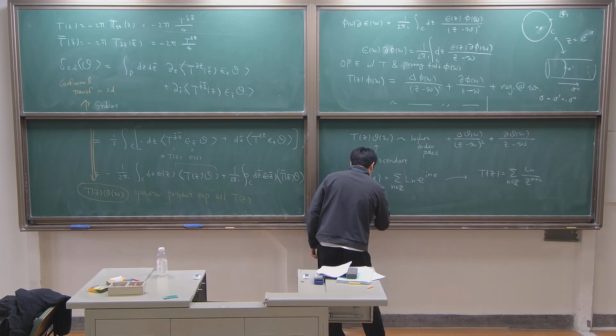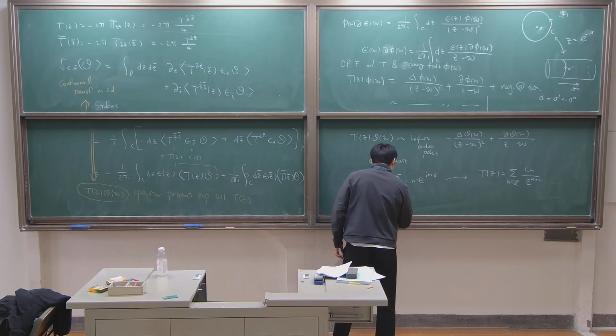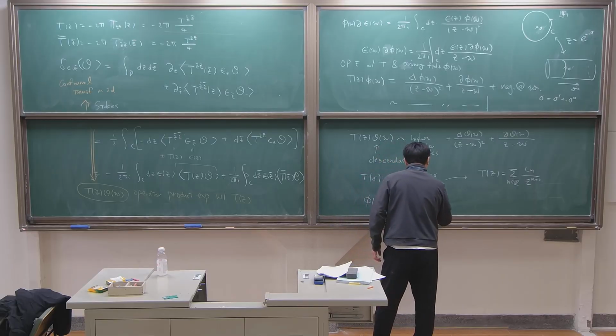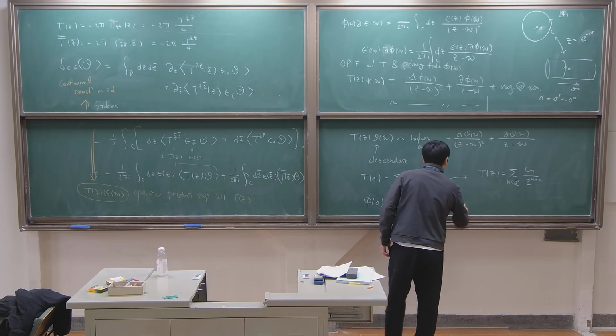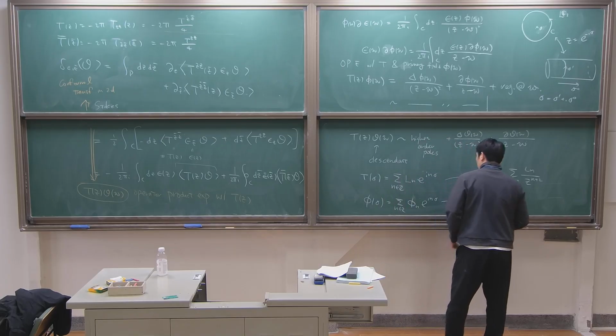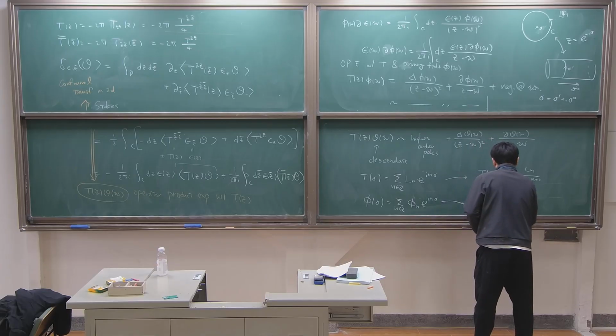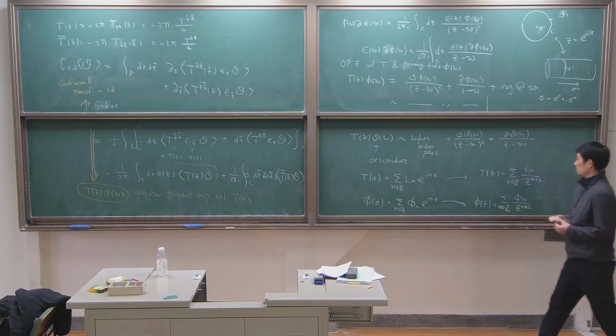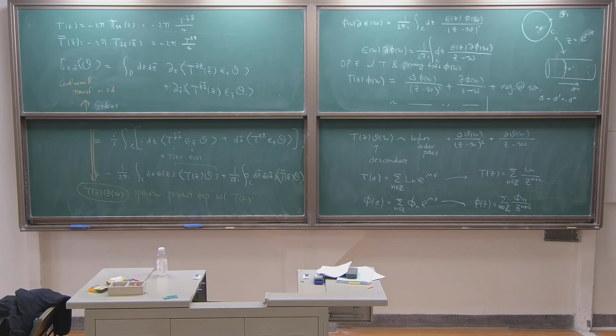More precisely, phi of sigma, do the same thing. This is easier to see. Phi of sigma is the sum of phi_n e^{i n sigma}, and do the conformal transformation to the phi of z coordinate. This will become the sum of phi_n z^{-n-delta}.